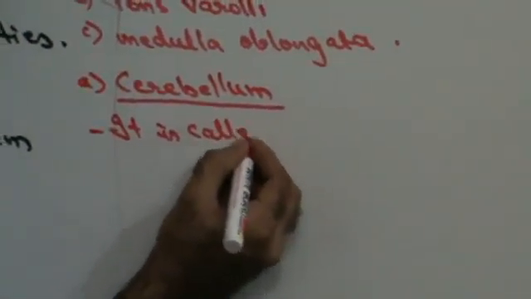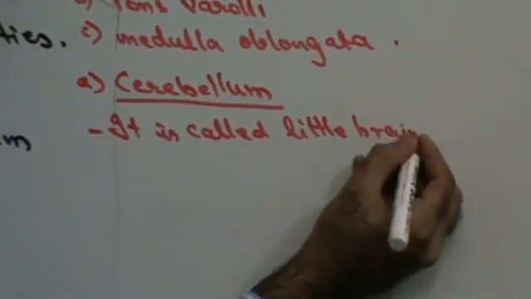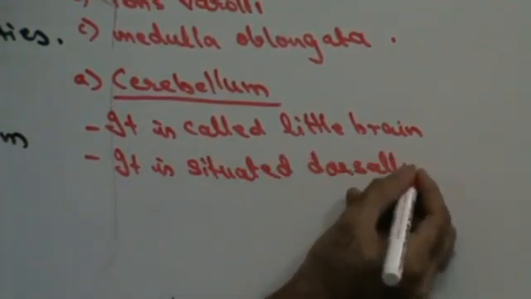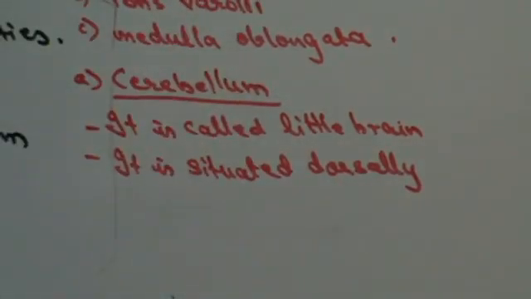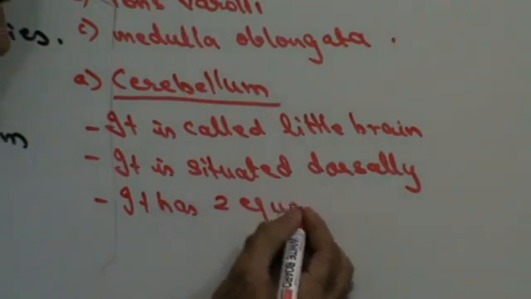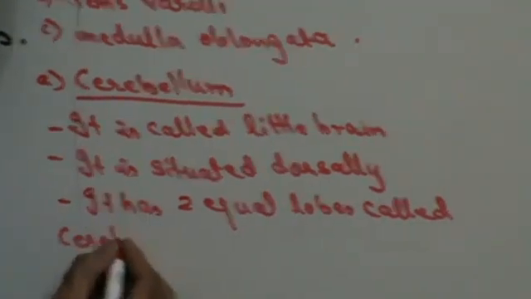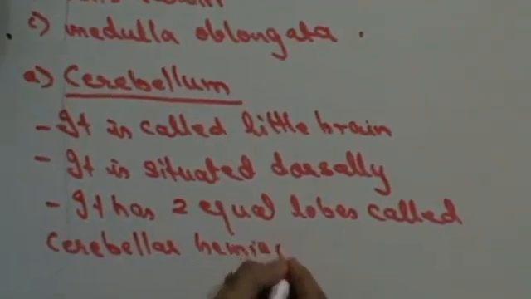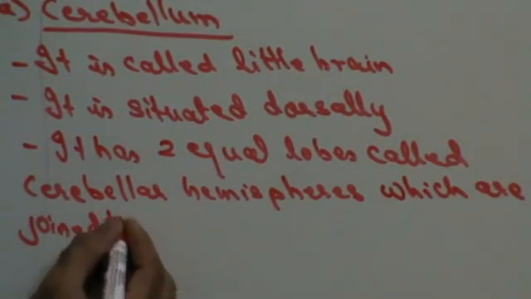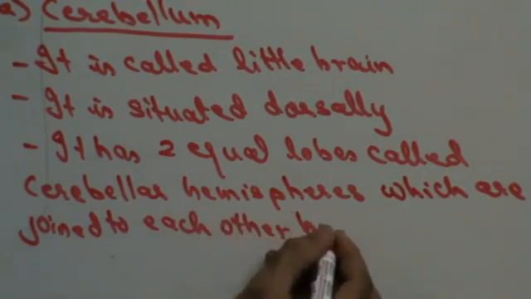It has 2 equal lobes called the cerebellar hemispheres, which are joined to each other by the vermis.